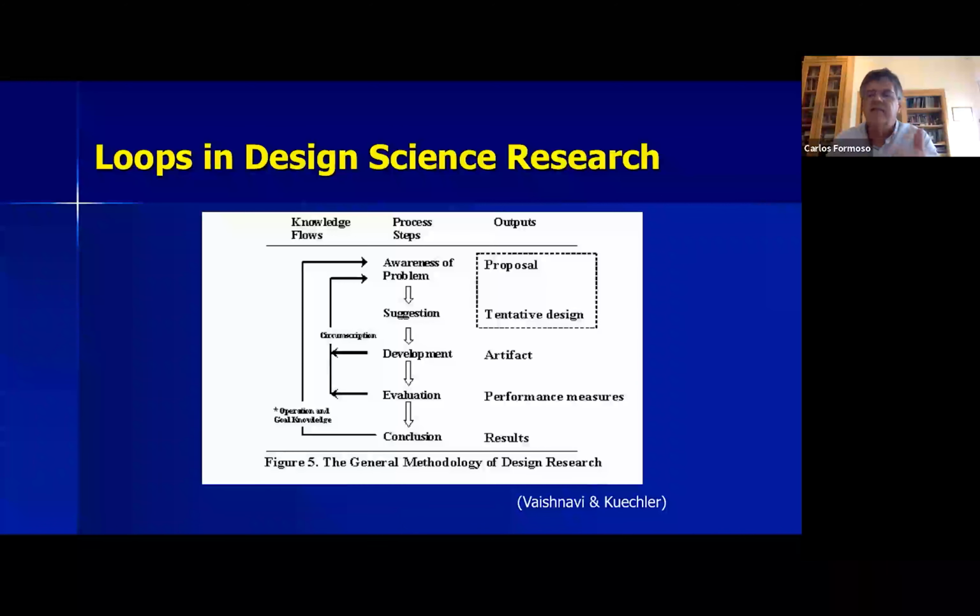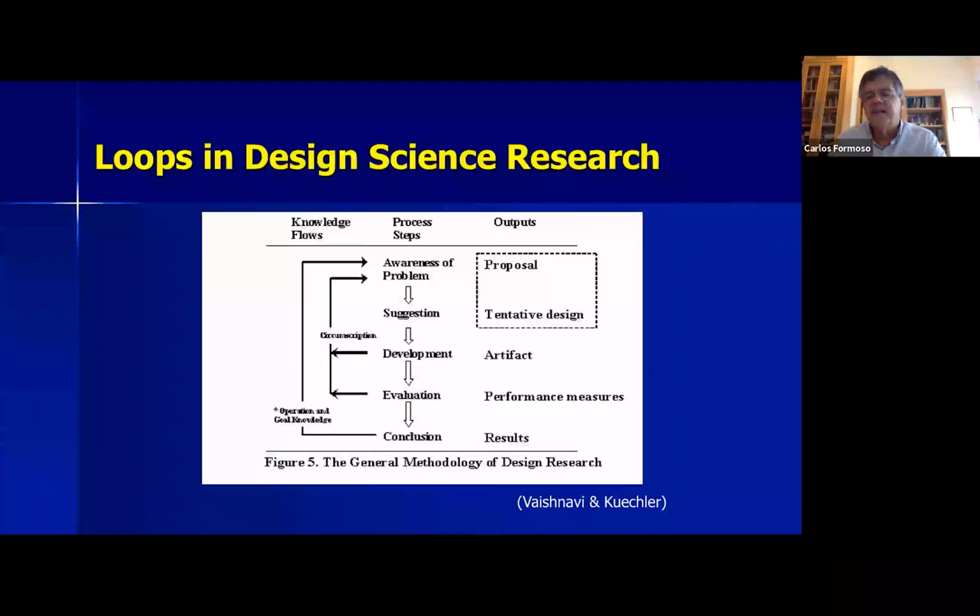There are many iterations in this process, right? So you understand the problem, you devise the solution, you come back to the problem, and then to assess the solution, you revise the solution. There are many loops in this process. So this is very important to emphasize.